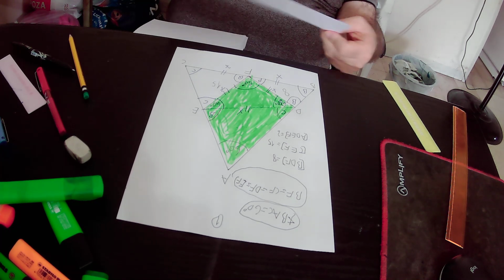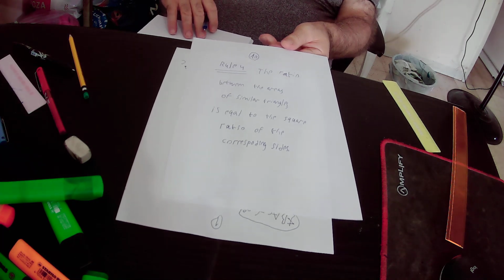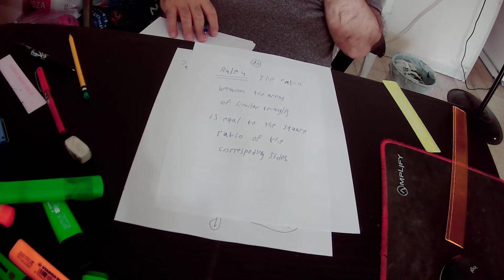I will read rule number 4 again. Rule number 4 states that the ratio between the areas of similar triangles is equal to the square ratio of the corresponding sides.